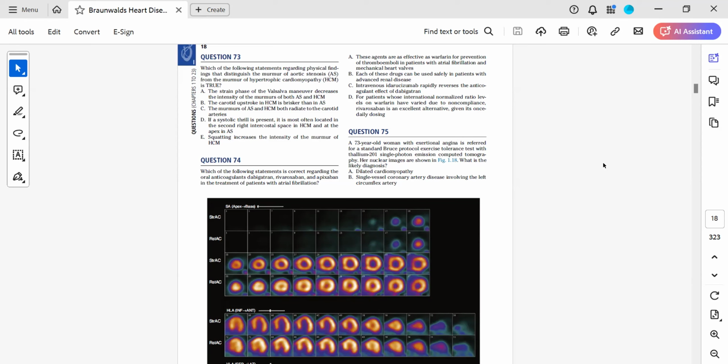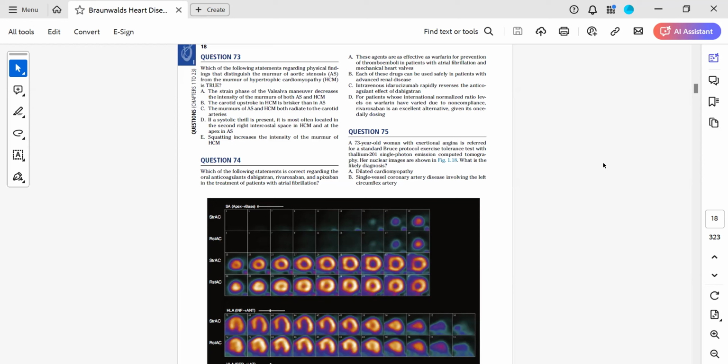No, it would decrease that of aortic stenosis. So the Valsalva maneuver would increase that of HCM and decrease that of AS, since there is a reduction in venous return. Okay.